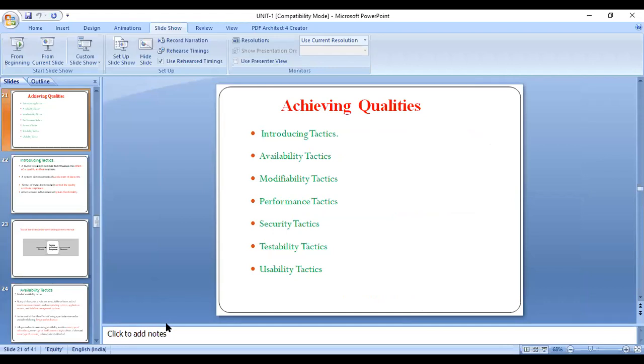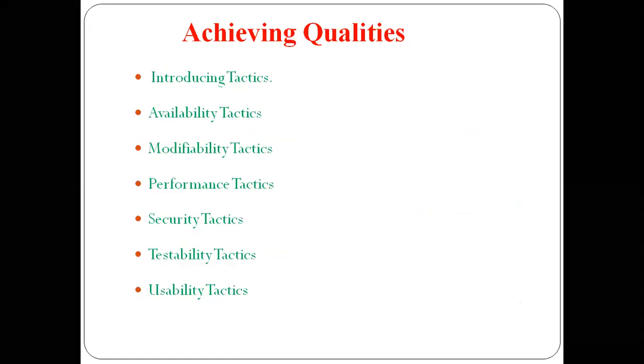In our second chapter of first unit, this is another topic, that is achieving qualities. Till now we have seen the architectural styles. Now we are going to learn about achieving qualities.